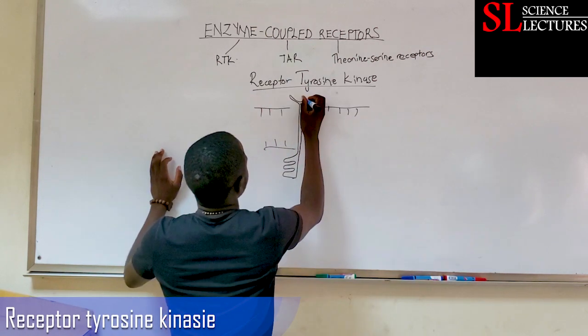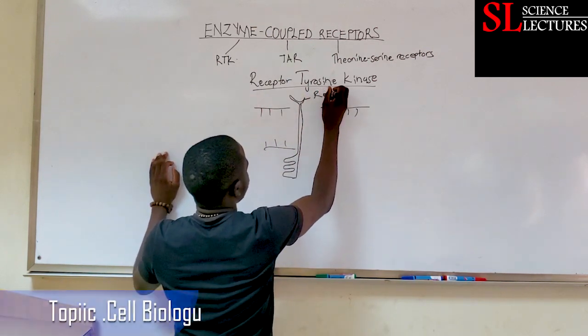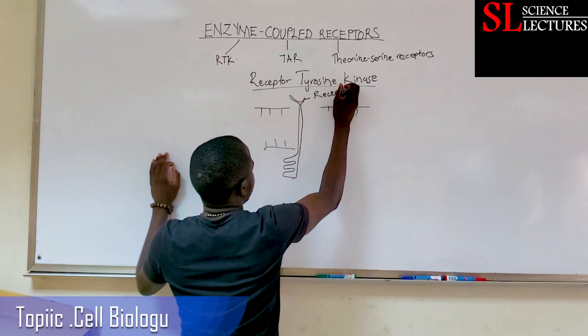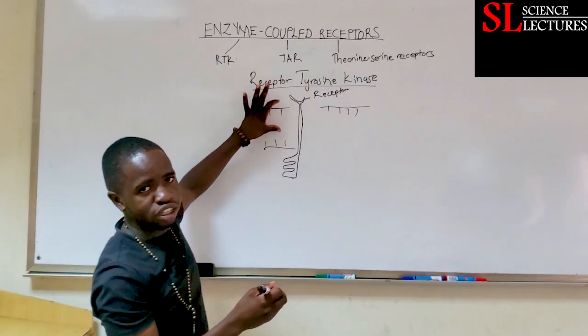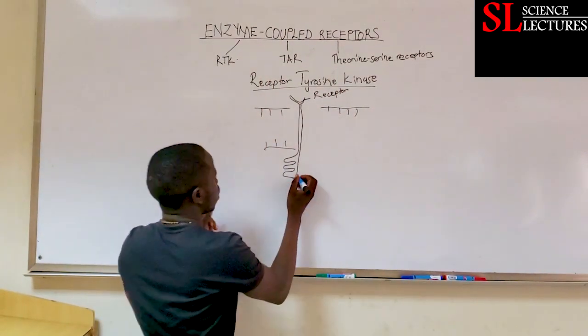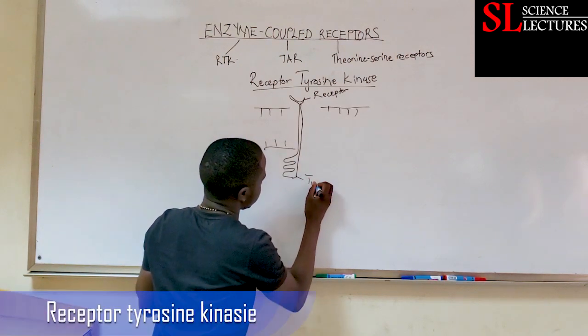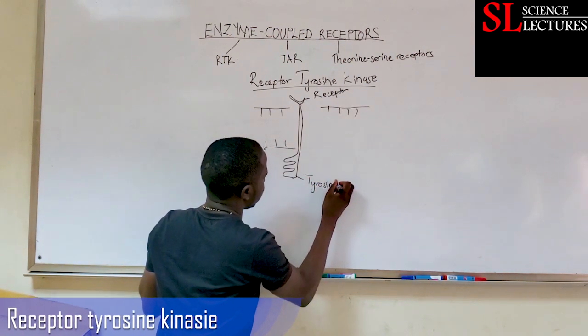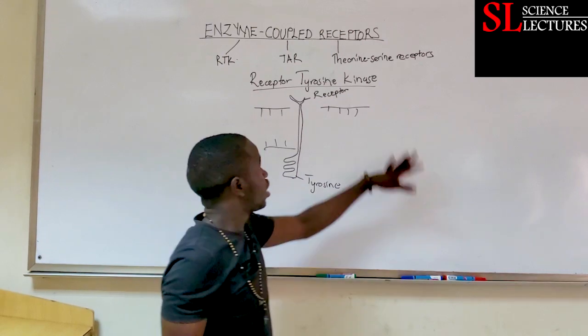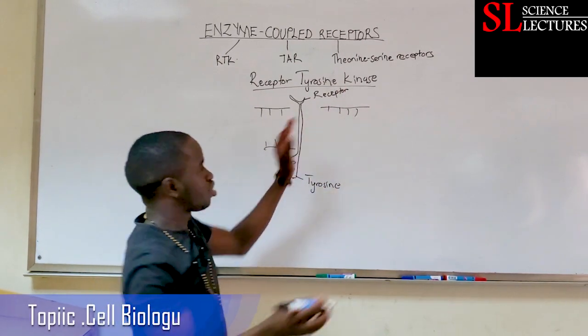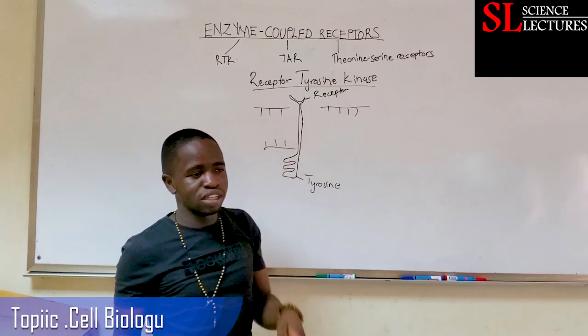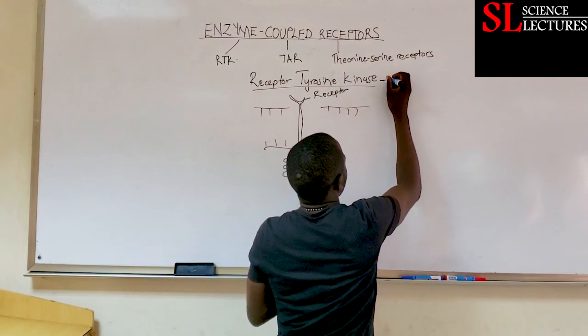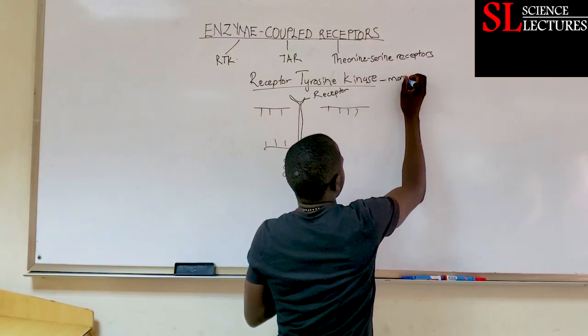So it has a receptor here, then this part that spans across the cell membrane, and you have the tyrosine this side, inside the cell.